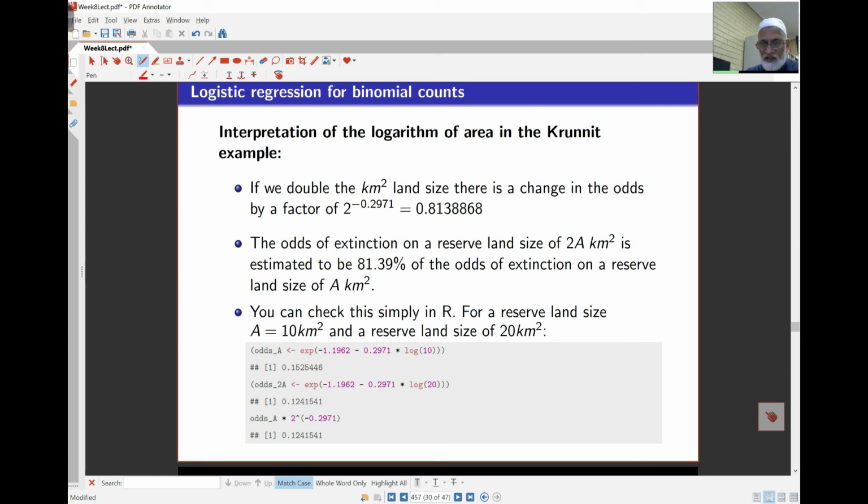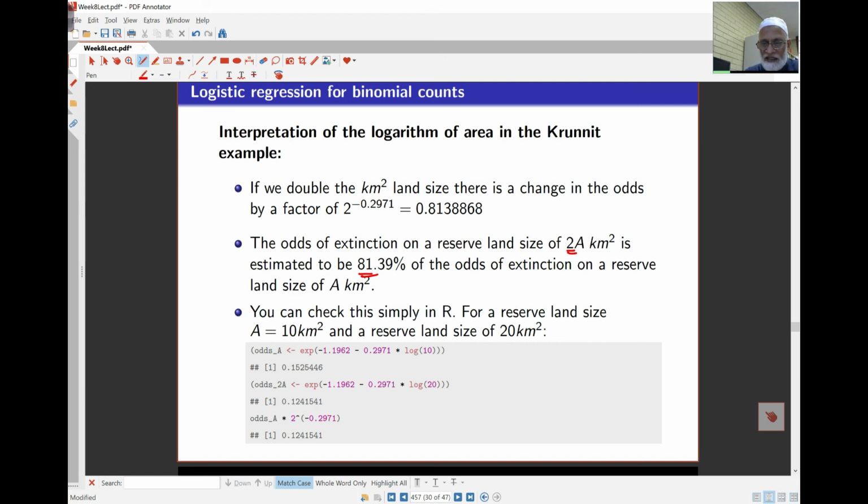The odds of extinction on the reserve of double the land size is estimated to be 81% of the odds of extinction on the original reserve. So as you increase the area, the odds of extinction decrease. If I double the area, the odds of extinction are now about 81%.